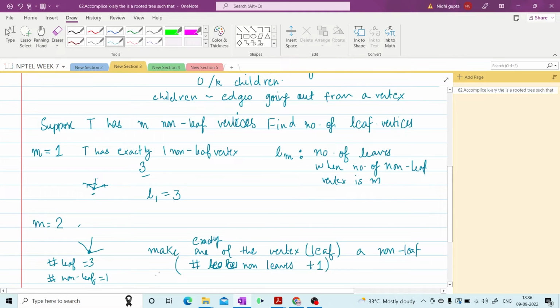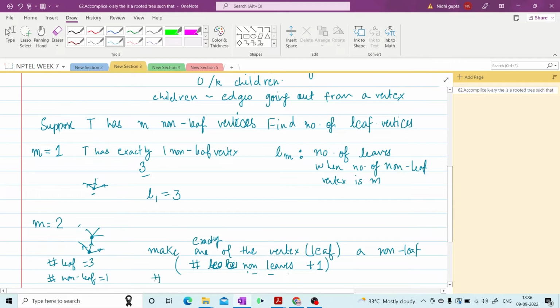Now if we make exactly one of these vertices a non-leaf, suppose, without loss of generality, this is the vertex. It cannot have out degree 0, so it has to have out degree 3. So in this step, when we make one leaf a non-leaf, the number of non-leaves becomes plus 1.